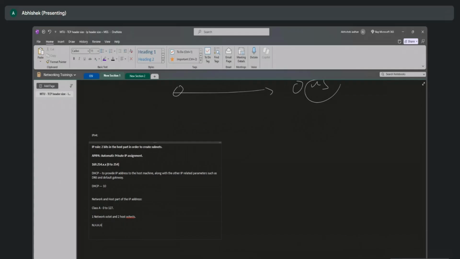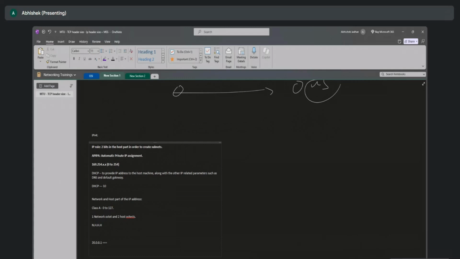right? So when you see an IP address within this range, let us take an example here. Let's say I give you an IP address 20.0.0.1, right?